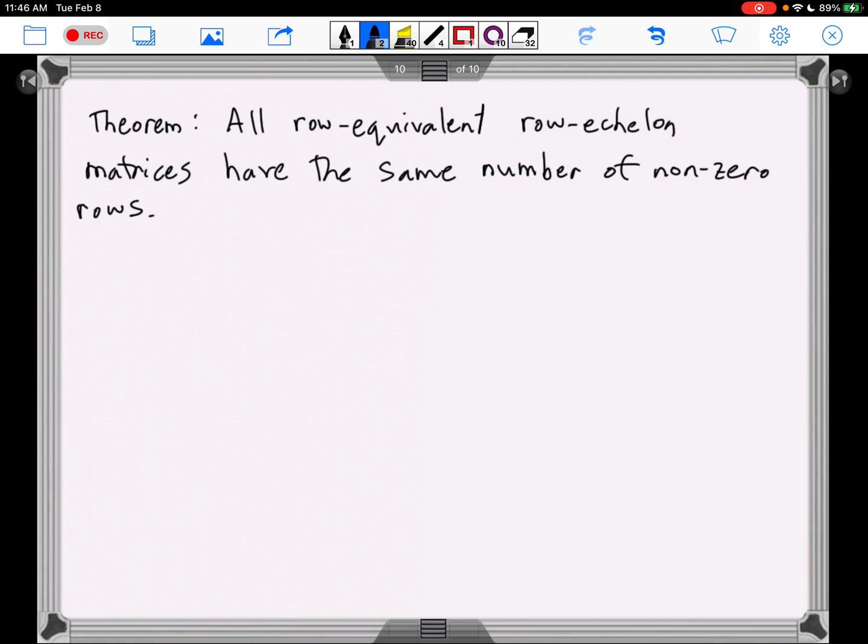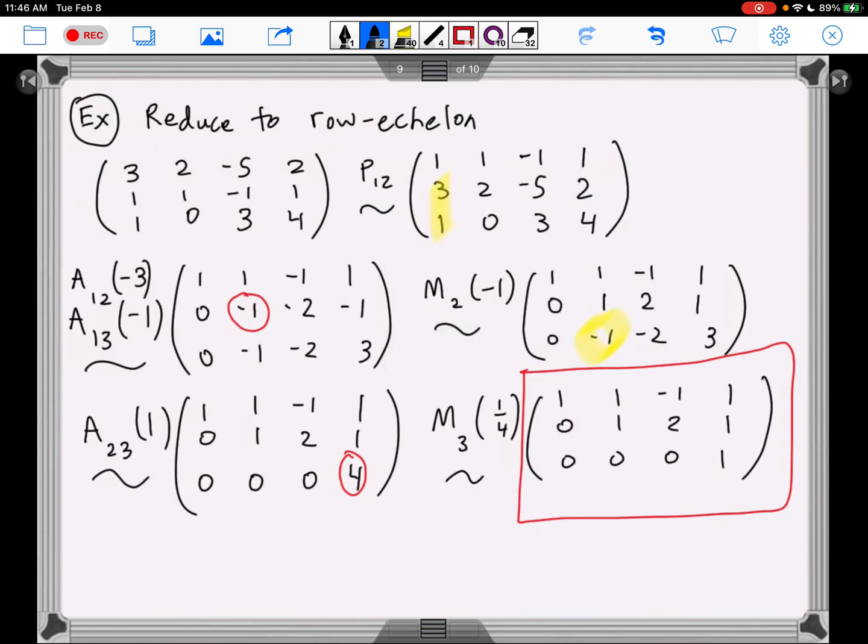Okay, so maybe I should have said this before I wrote down the theorem. Something we should note: row echelon matrices are not unique. What do I mean by that?